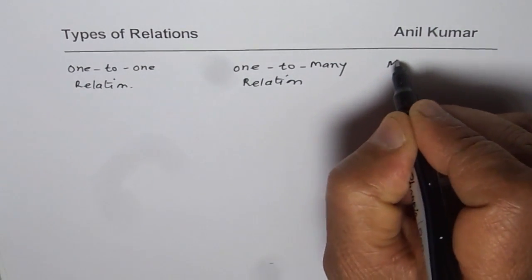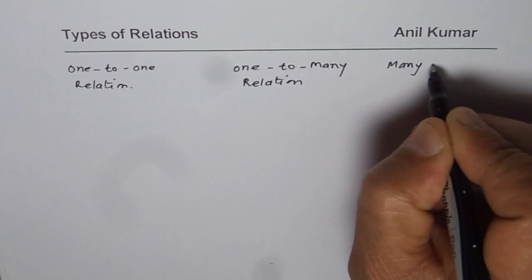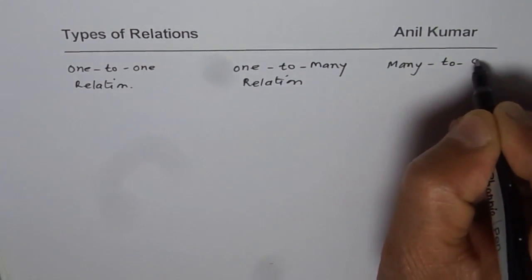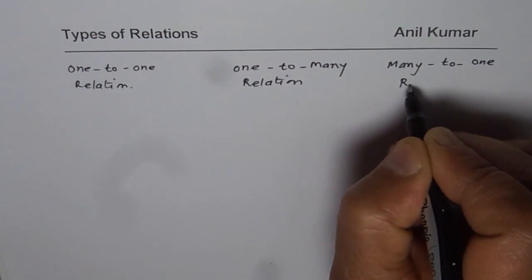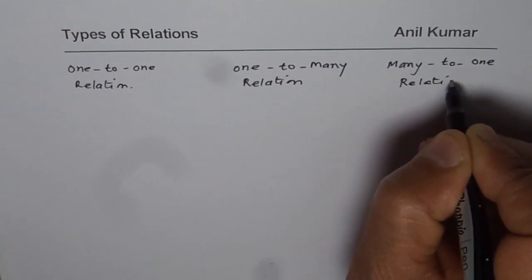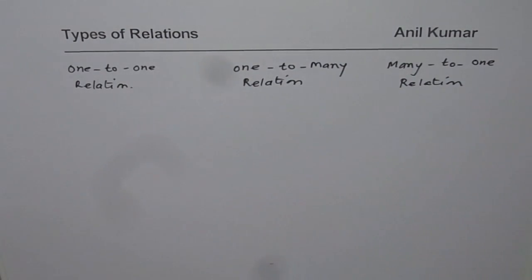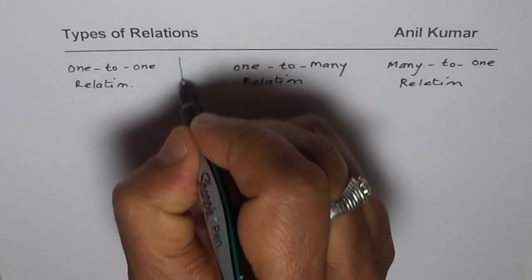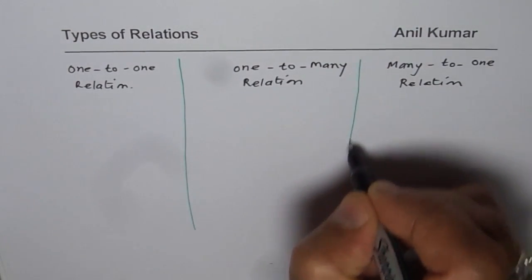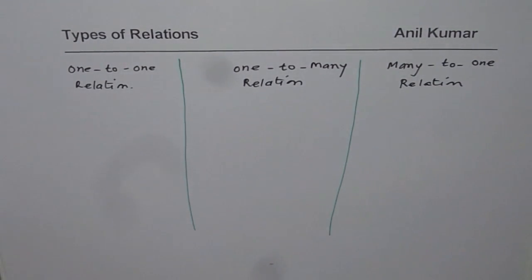And then we have many to one. So these are three kinds of relations. We will see examples for these three kinds. You can actually pause the video and write down the examples.